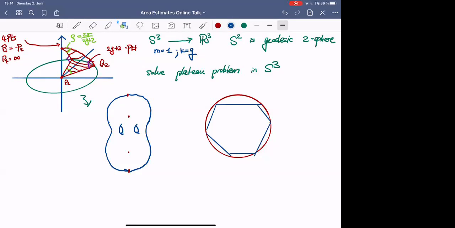Every edge should be actually the same size, which is not, okay? And you divide it into triangles, which should be really the same triangle. And what you do is a Plateau problem inside each of these triangles.